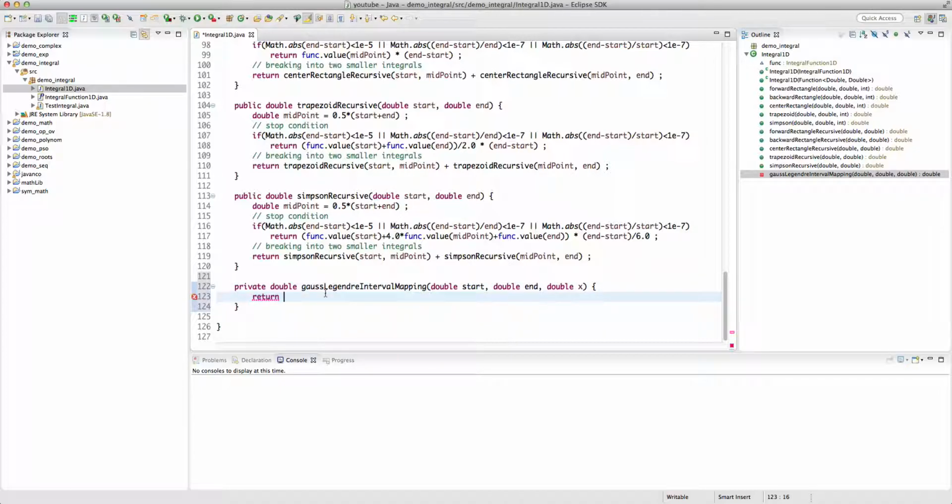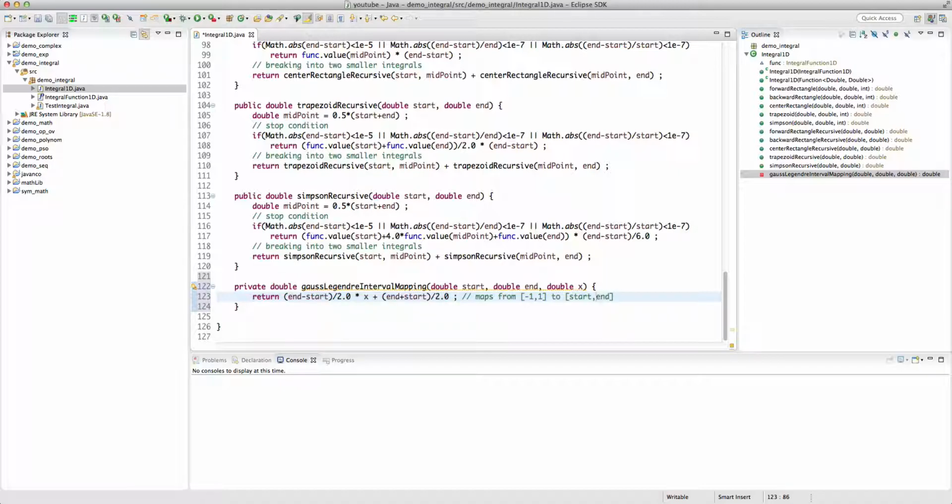It returns end minus start over 2 times x plus end plus start over 2. Okay, so this maps from minus 1 to 1 to any interval start end.